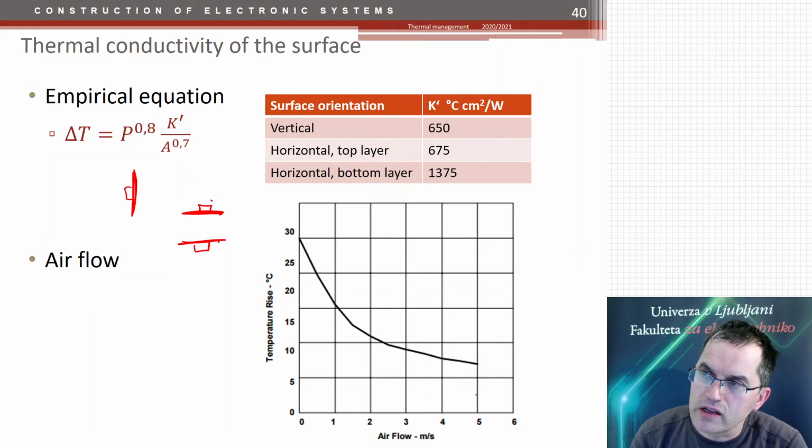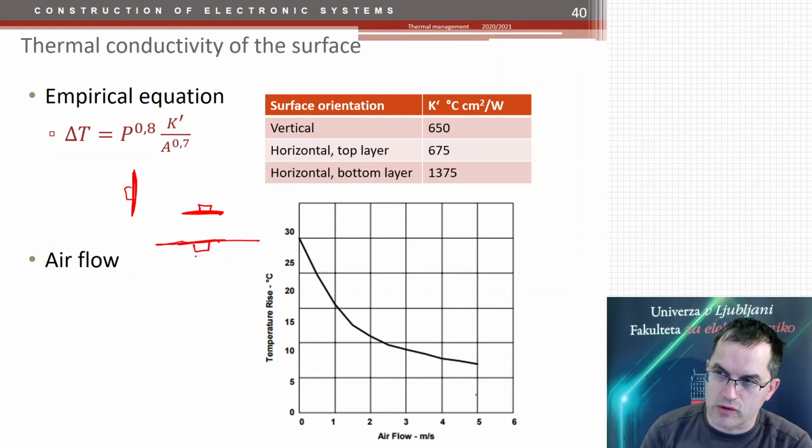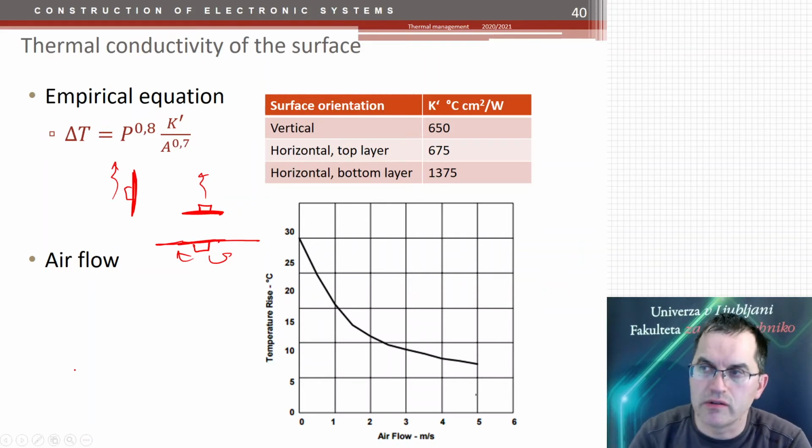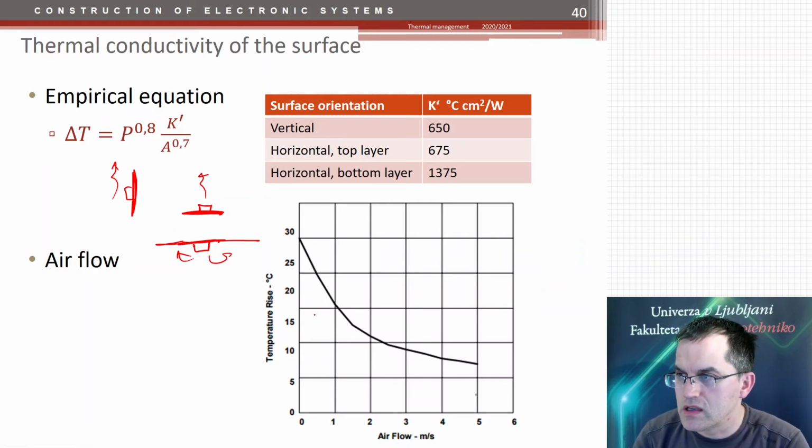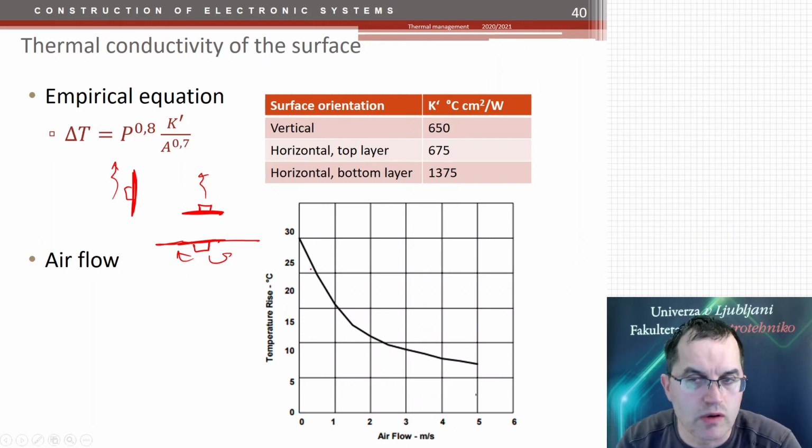For a horizontal one, if it's on the top layer, it's similar, a little bit worse, but if it is on the bottom layer, the components are less efficiently cooled because convection does not play a role as well, because the hot air is rising up. Of course, airflow is improving things a lot, but you have to add some cooling fans.